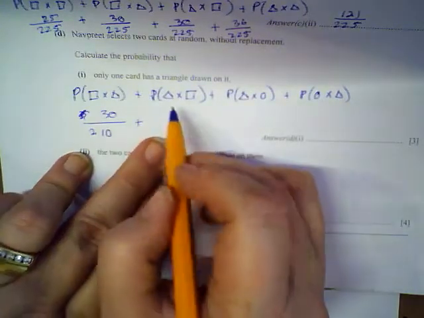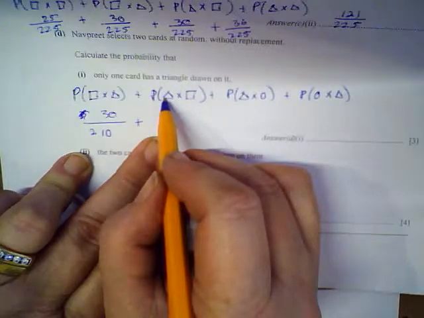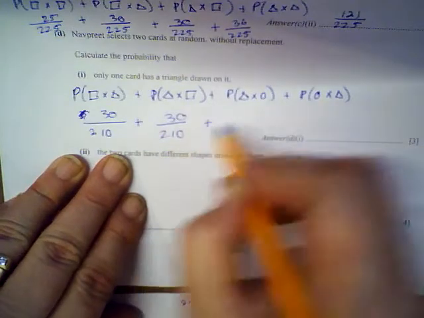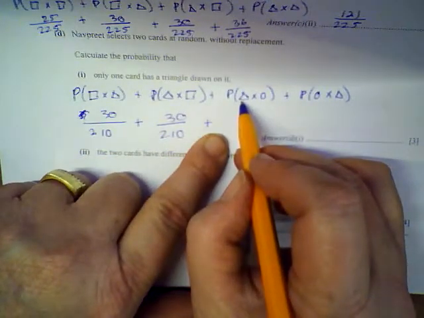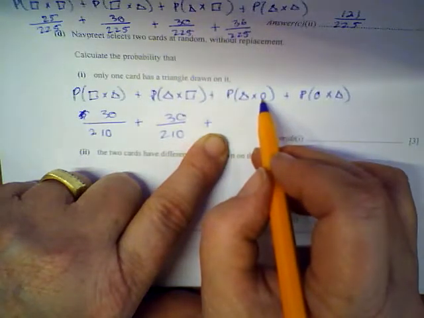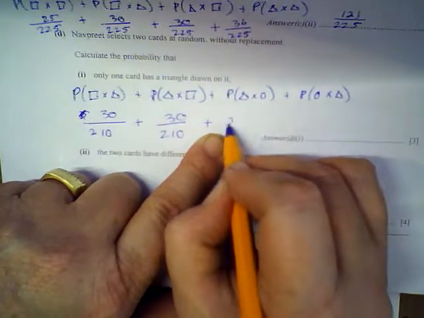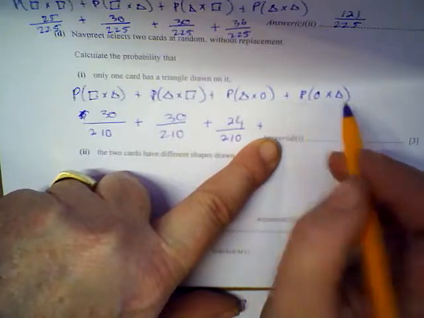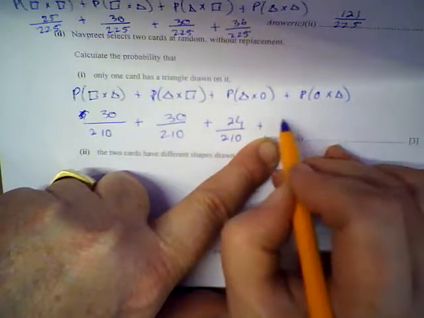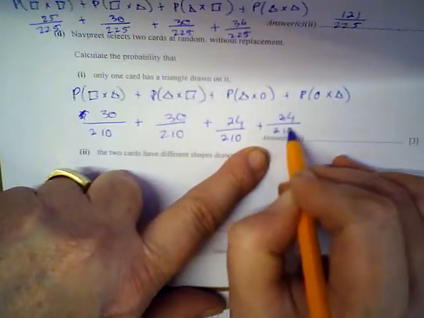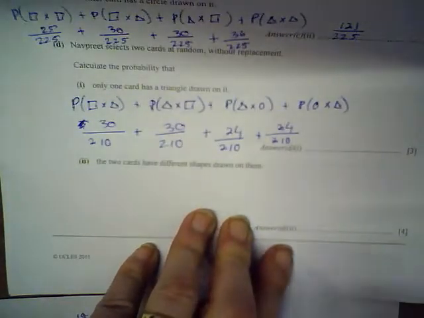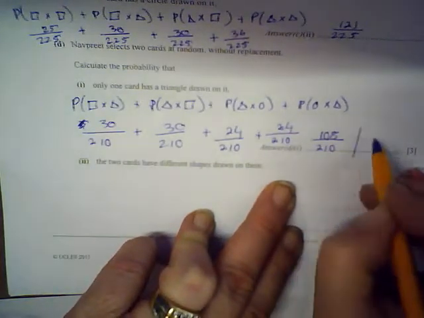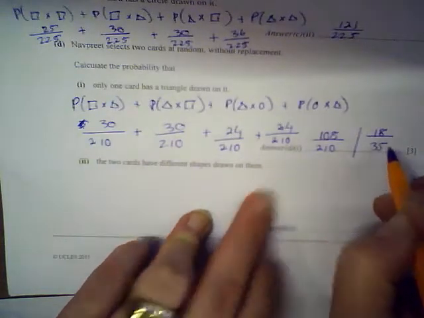Okay, plus a triangle is 6 over 15 times 5, 6 times 5 is 30 over 210, plus triangle is 6 over 15 times 4 over 14, that would be 24 over 210, plus circle is 4 and triangle is 6, so 24 over 210, and I can do the calculation, and that would give me 108 over 210, an equivalent fraction 18 over 35.